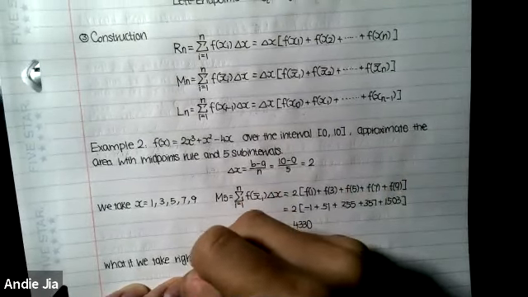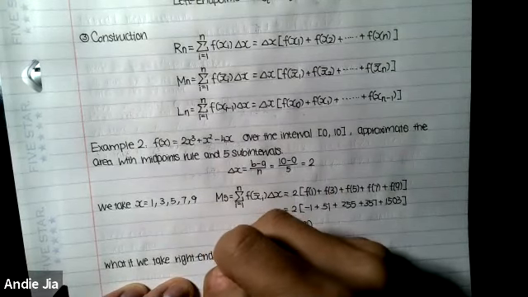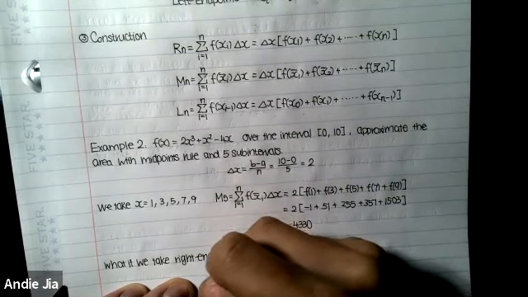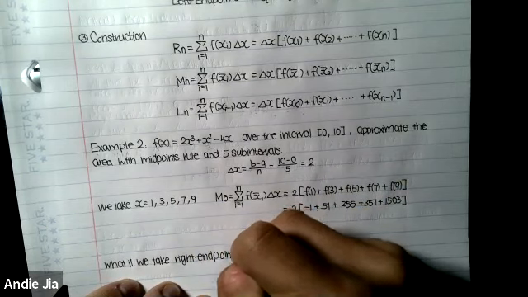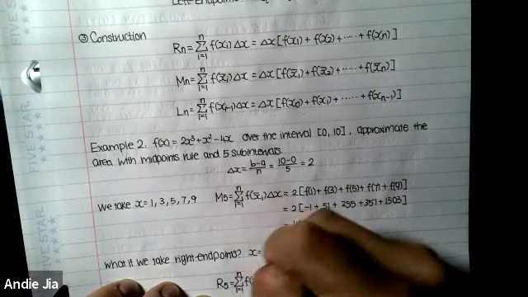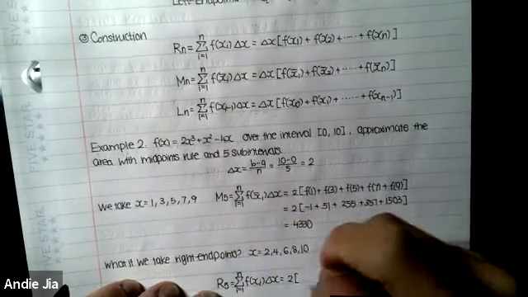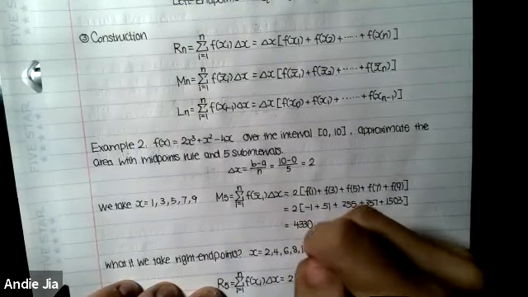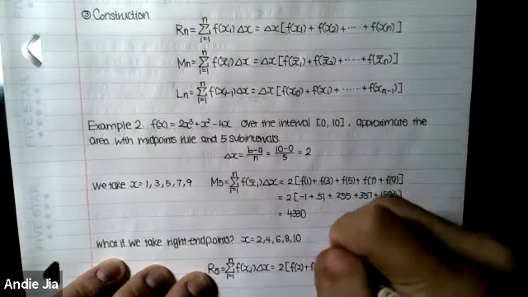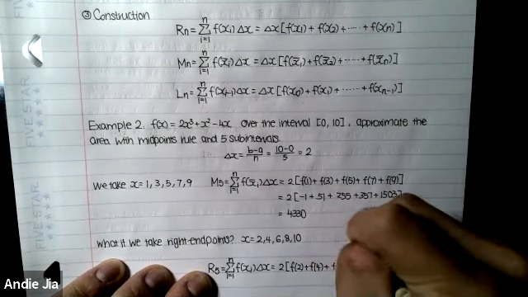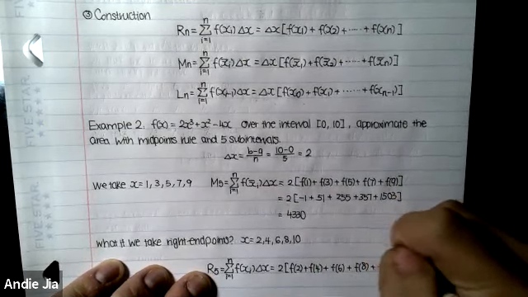Then R5, with sigma notation f of x_i delta x, is 2 times f(2) plus f(4) plus f(6) plus f(8) plus f(10).